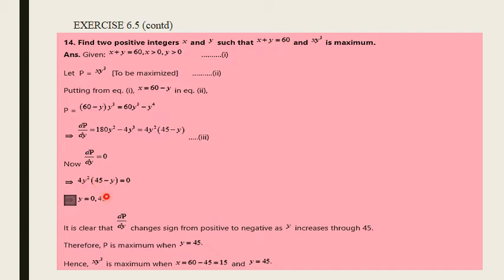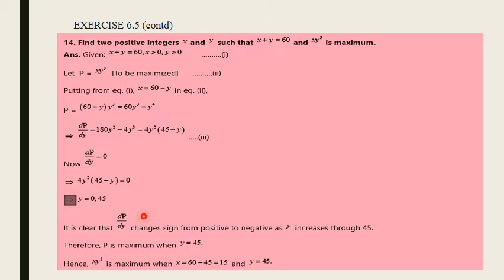So on the right side of 45, the sign of dP by dy is negative, and on the left side it is positive. So dP by dy changes from positive to negative. It shows that P is maximum when y is equal to 45.